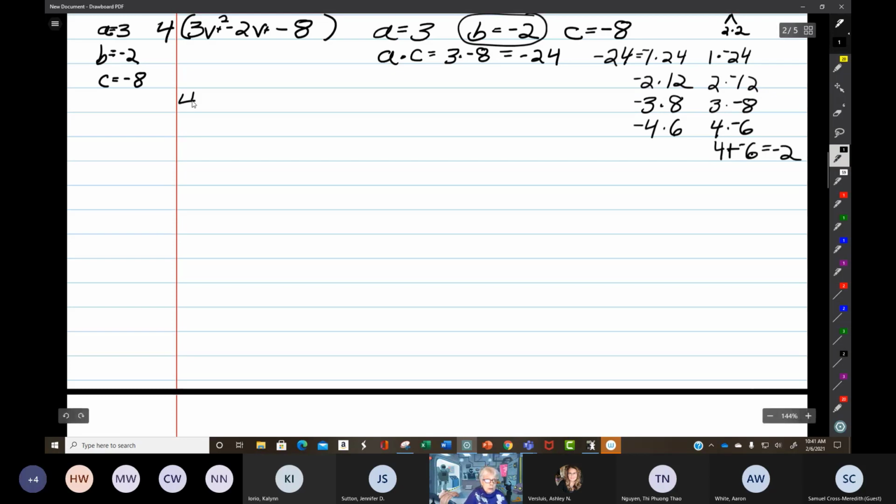So let me write this out. I don't want to lose my 4. Now I'm going to write 3v squared, and I'm going to write -8.